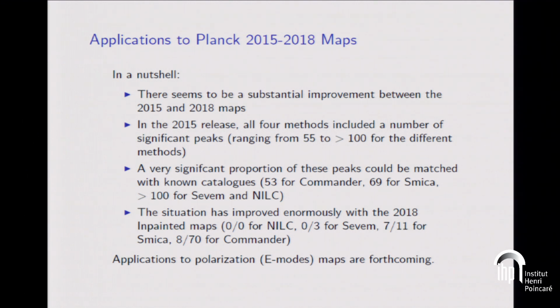These numbers, in any case, for all the maps should be considered very, very small, because the real point sources that were subtracted from the beginning of the Planck pipelines were in the order of several thousands, first of all. And secondly, if you have a map at the Planck resolution, which has 6 million pixels or more, then just out of Gaussian fluctuations, you expect several thousands local maxima, okay?